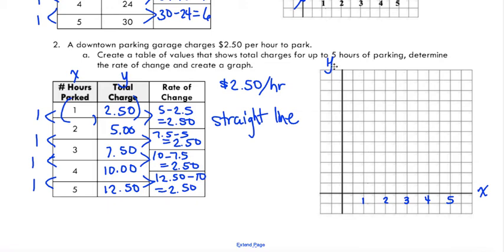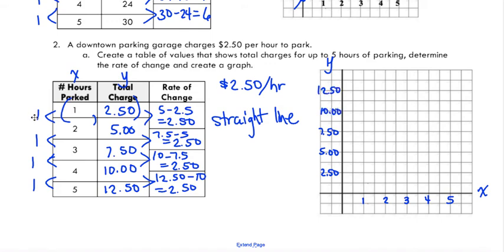And in my Y axis, I can even go up by 250 because that is a consistent amount. So I can start at 0 and go 250, 500, 750, 1000, and 1250.